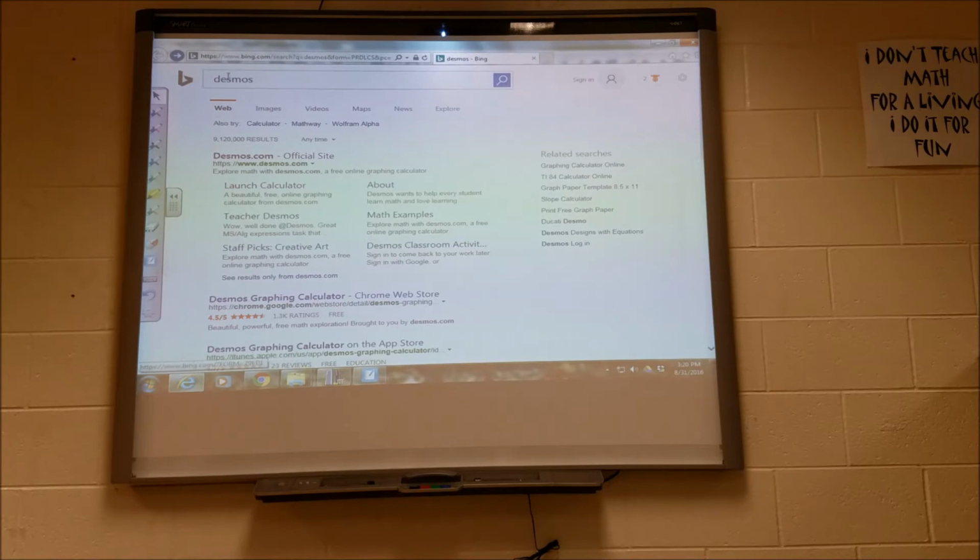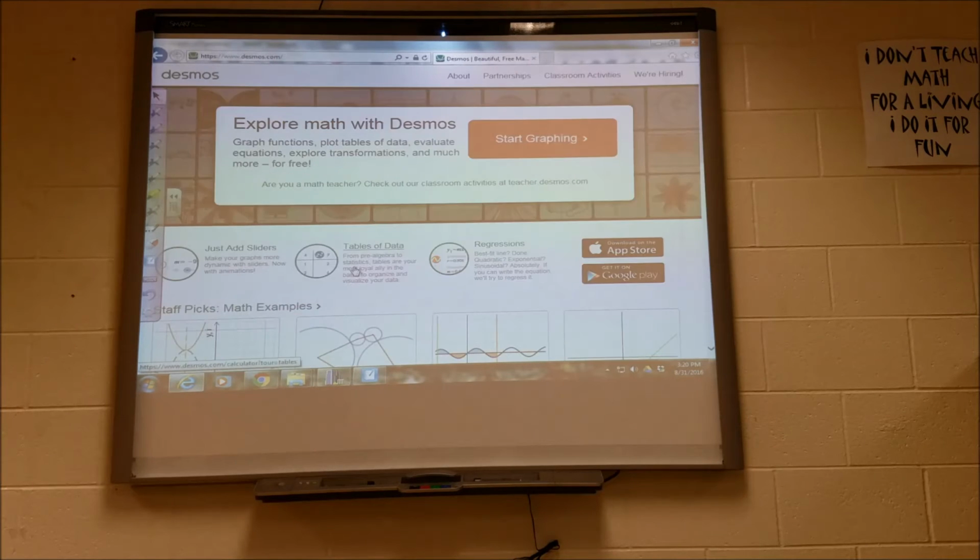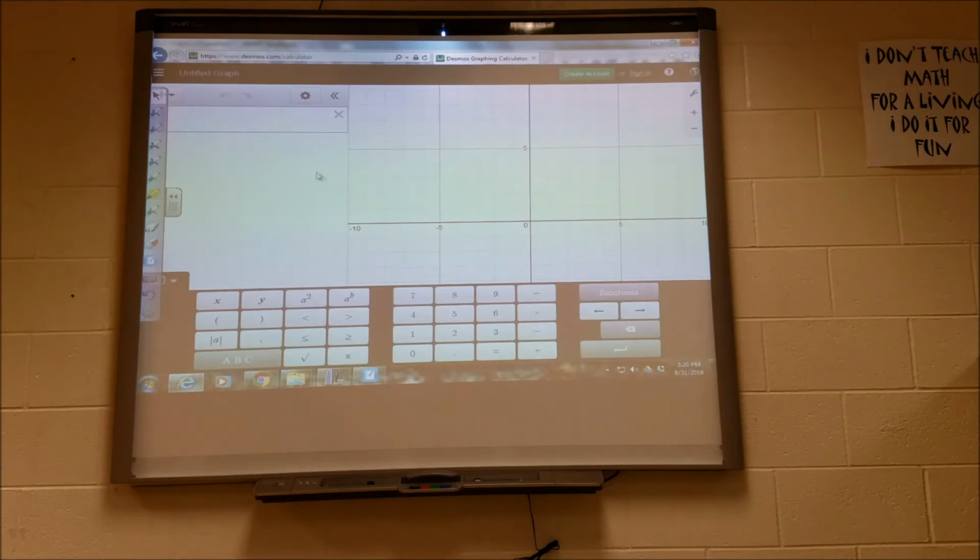So Desmos, all you have to do is type Desmos in, start graphing, and you can actually type the exact function in, or the exact relation in.